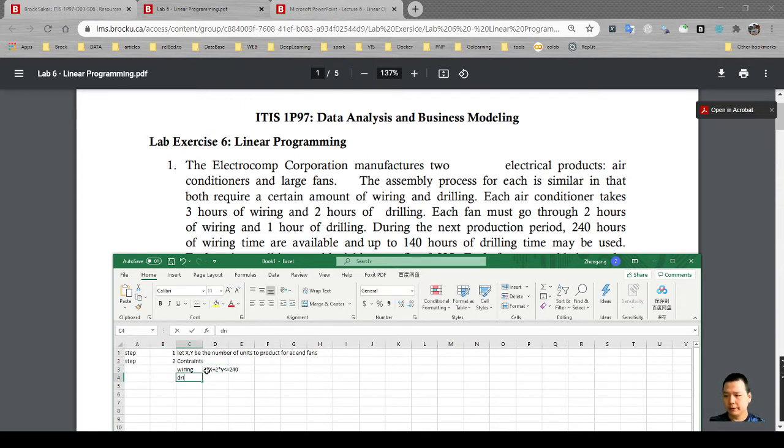And the drilling will be 2 times X plus 1 times Y, which should be less than or equal to 140. Right, so those are your constraints. Don't forget we have a non-negative constraint, which is X and Y greater than or equal to 0.